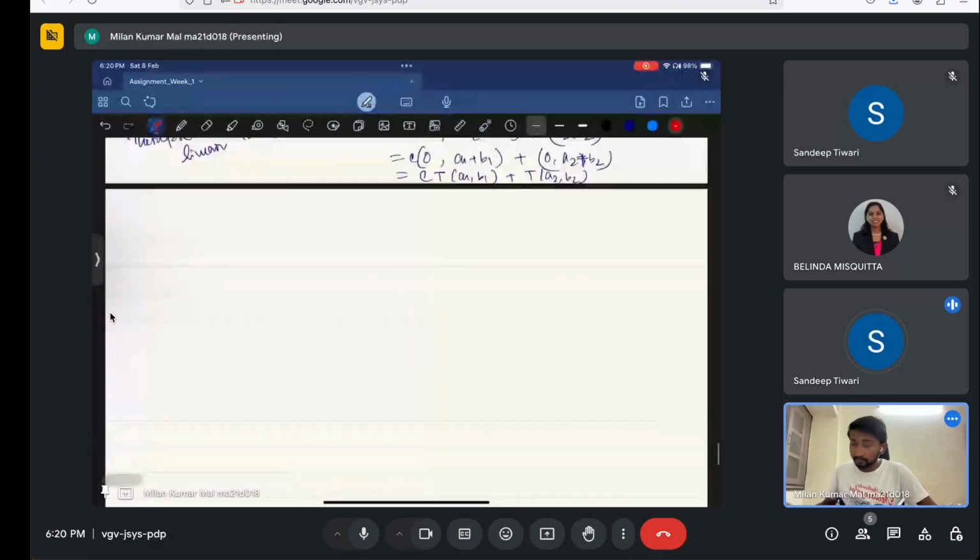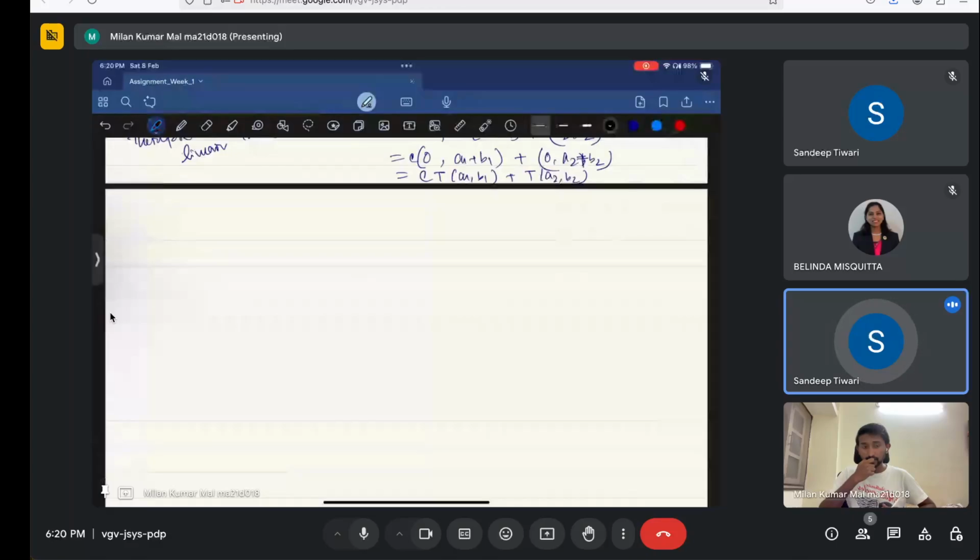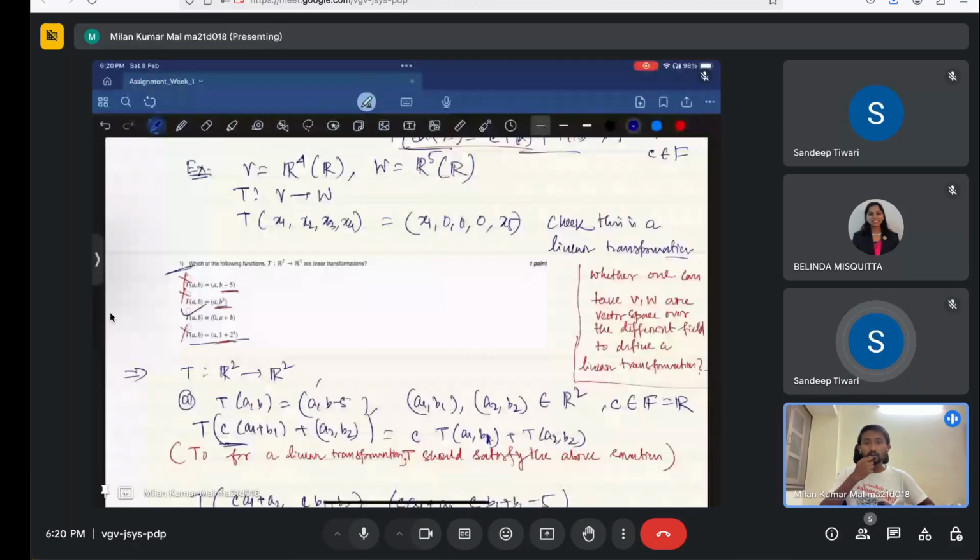Sir, T of alpha x equal to alpha of Tx, then this will not be well defined. Alpha times Tx, that is correct. Why will it not be well defined?